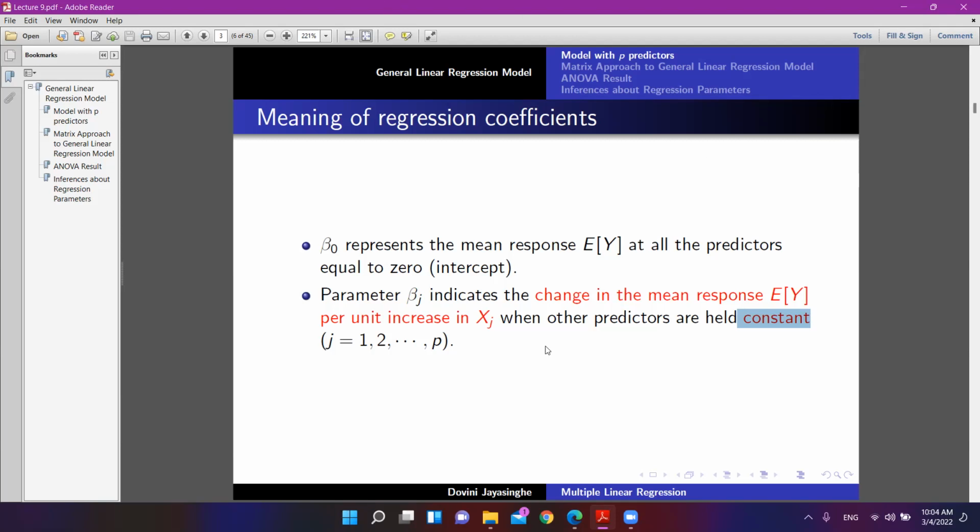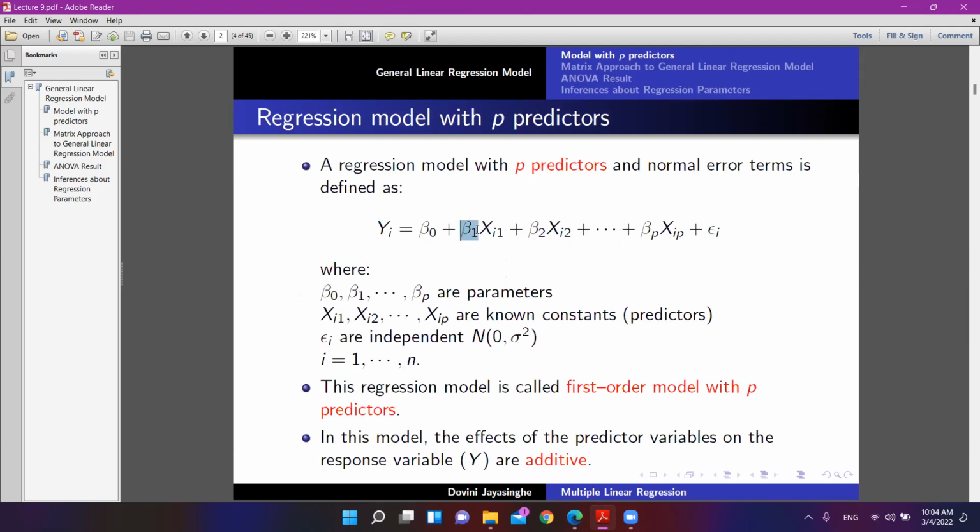Here we are going to add a small phrase: when other predictors are held constant. We are talking about one at a time. If we are going to interpret beta 1, we have to say a unit increase in x1 will result in a beta 1 increase in y when all the other predictors are held constant.